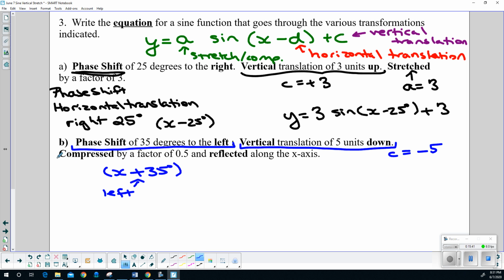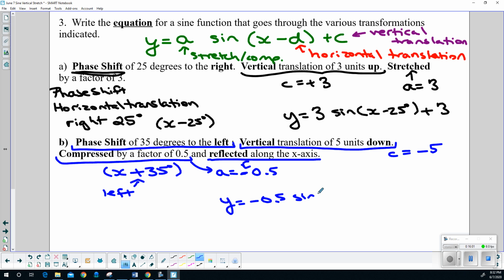I have a compression by a factor of 0.5. So that means my a value is going to be 0.5. And I have to reflect it in the x-axis. So that means it's going to be negative. Put it all together, and what do you got? Negative 0.5 sine (x plus 35 degrees) minus 5.